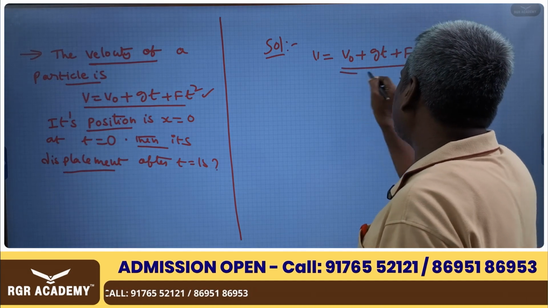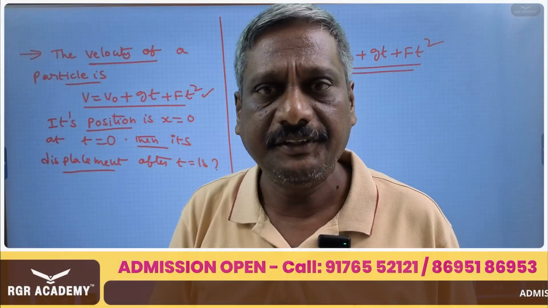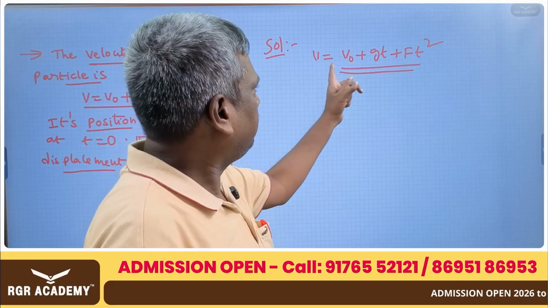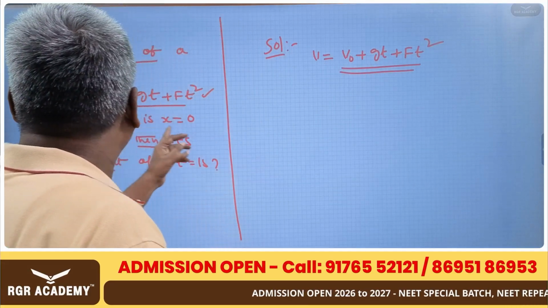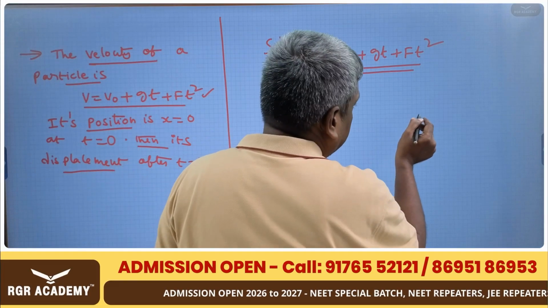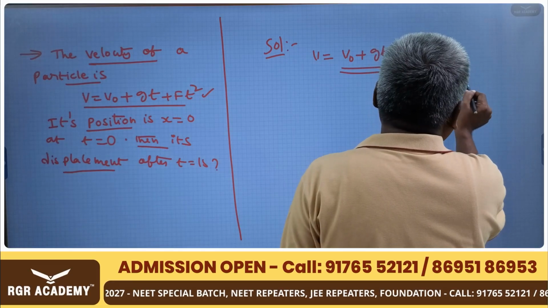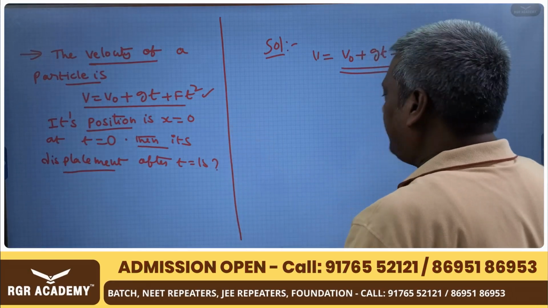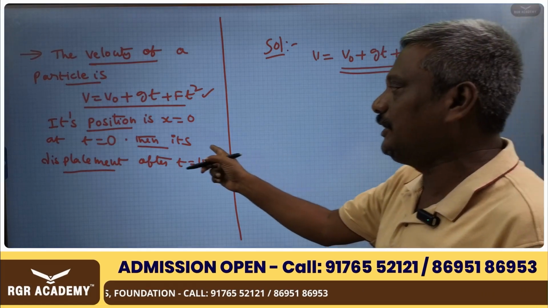This is the given expression. One condition is given in the question. What is the first condition? The position of the particle is 0, x is equal to 0 at time t is equal to 0.